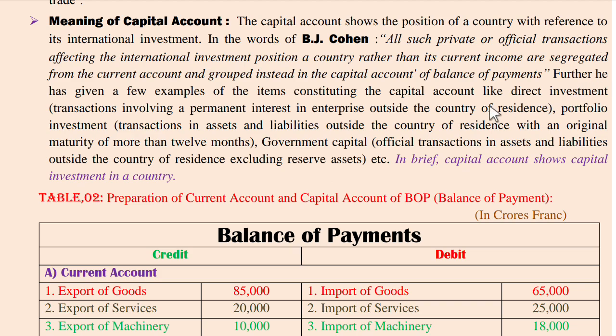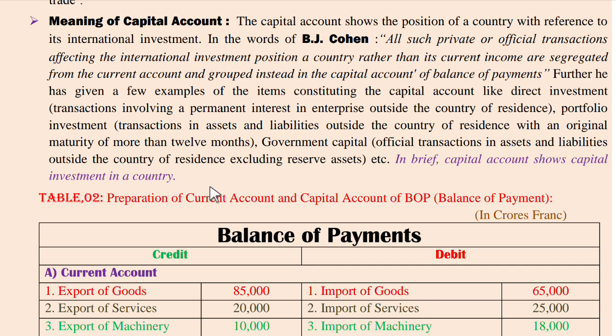I have covered more of the theoretical part here because I want you to understand as easily as possible. So in brief, capital account shows capital investment in a country.